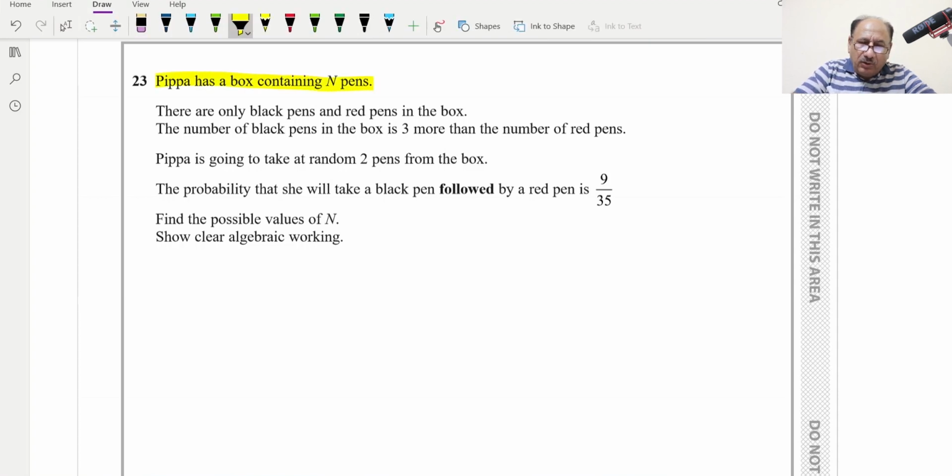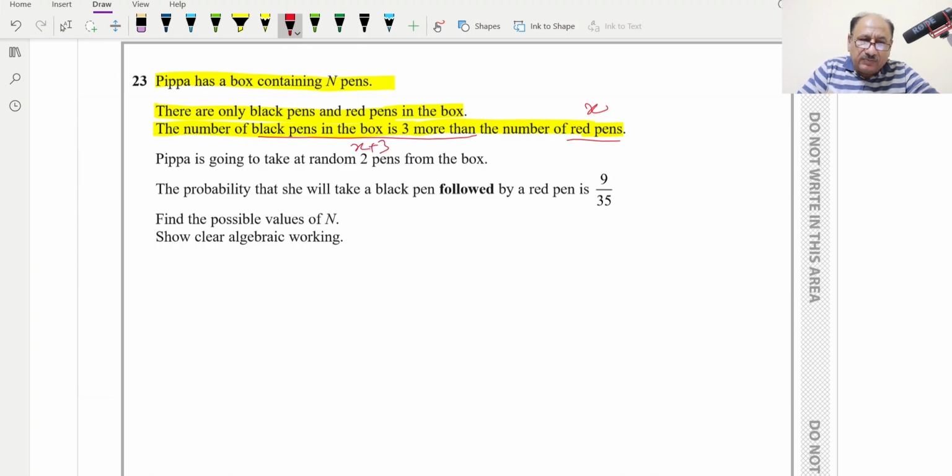Pipa has a box containing n pens. There are only black pens and red pens in the box. The number of black pens in the box is 3 more than the number of red pens. So we can suppose red pens are X, and black pens are 3 more, so it will be X plus 3.